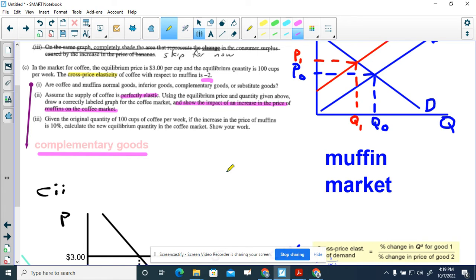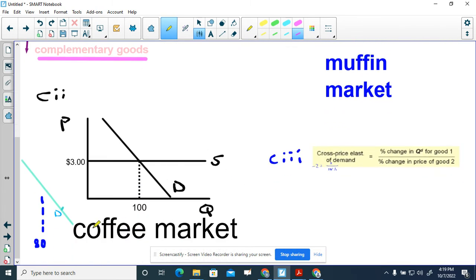So if we see an increase in the price of a complementary good, muffins, how will that impact the coffee market? What I need to show in that case is a shift of the demand curve in my coffee market to the left. So I need to draw all of that in order to get one more point on this question, which is hard. That's a challenging question, but it's fair because they've already given us our easy points on this one.